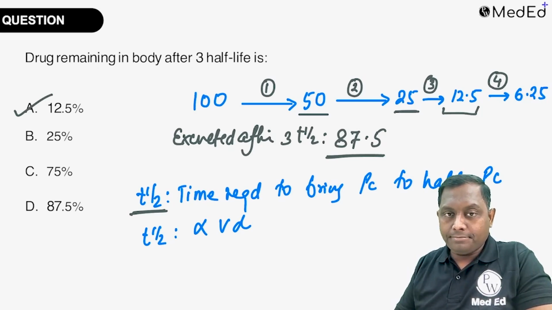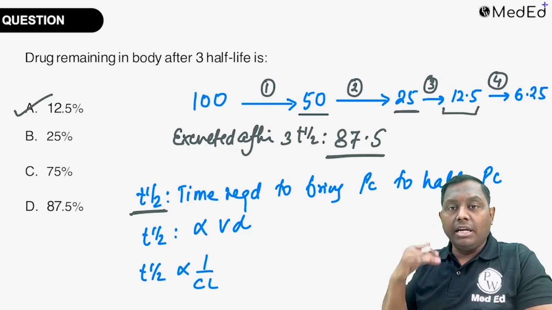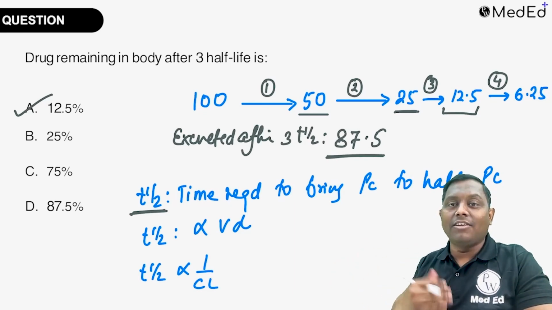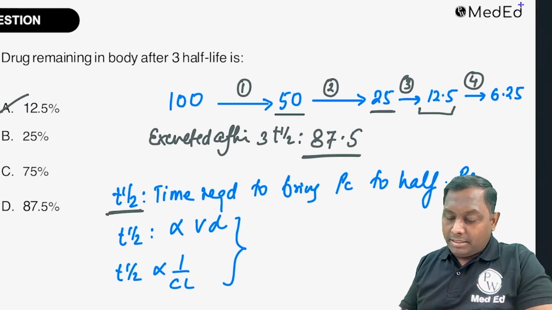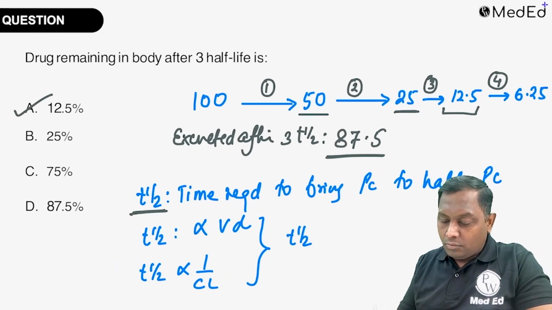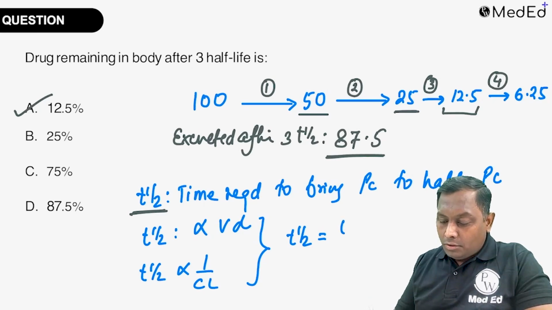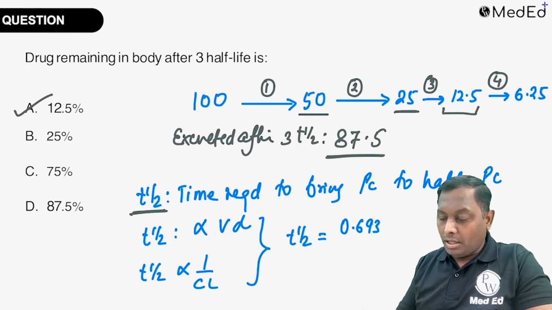And T half-life is inversely proportional to clearance. That means if the clearance is more, T half-life will be lesser. If the clearance is less, T half-life will be more. Therefore, we can say that T half-life is equal to a constant value of 0.693, which is the log value of 2, into volume of distribution divided by clearance.